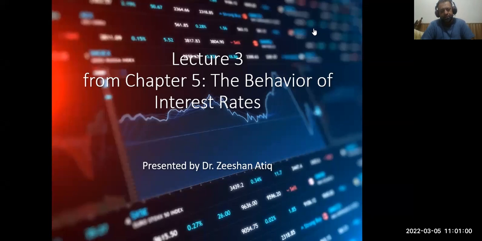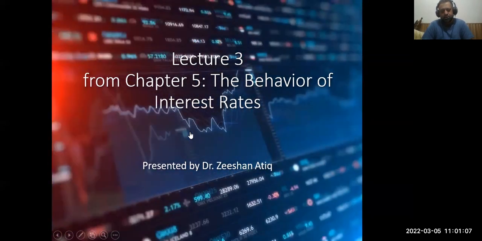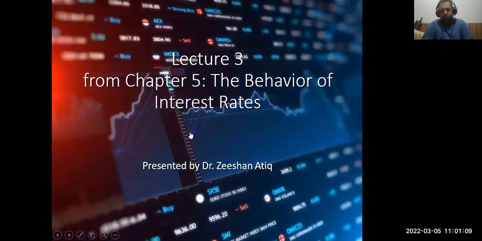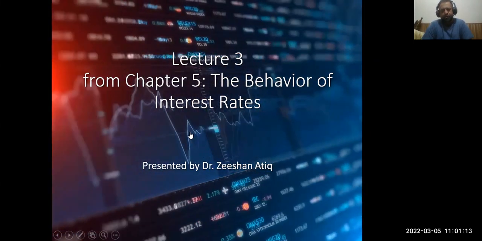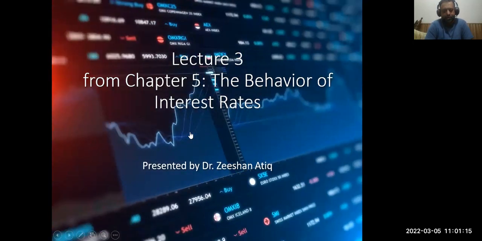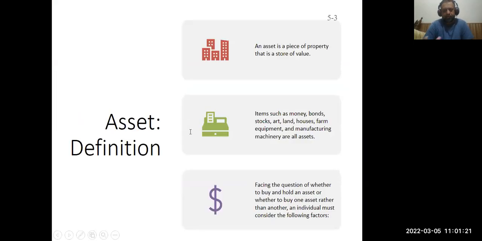We have learned about the yield to maturity for different products like simple loans, fixed payment loans, coupon bonds, and discount bonds. Now in this chapter, we are looking at how interest rates are determined and what kind of theories we use to find out what interest rates are and how these interest rates move over time.